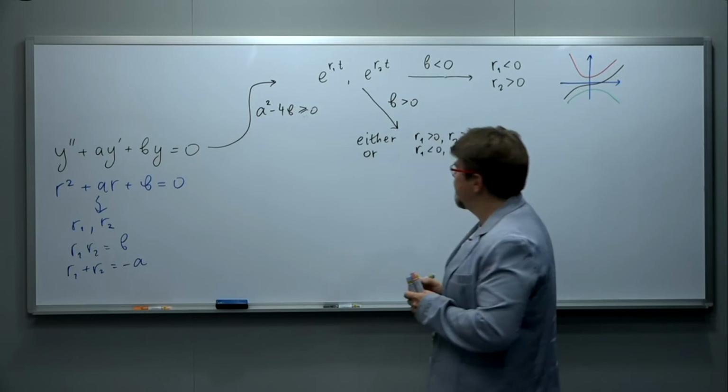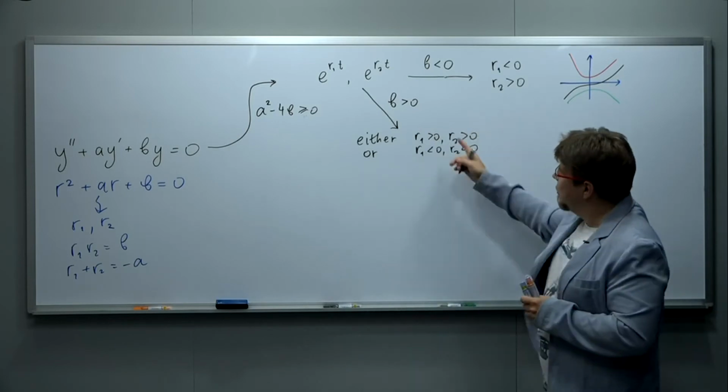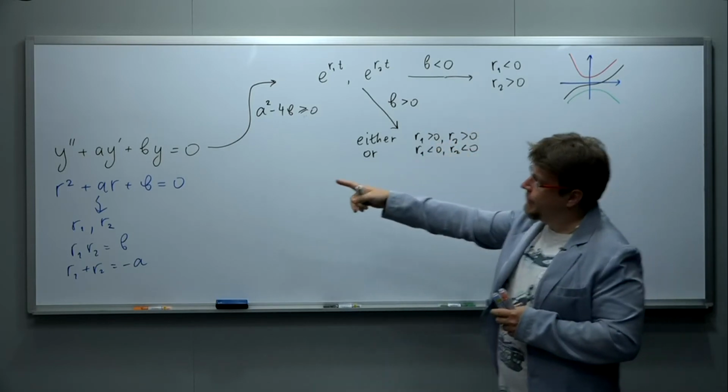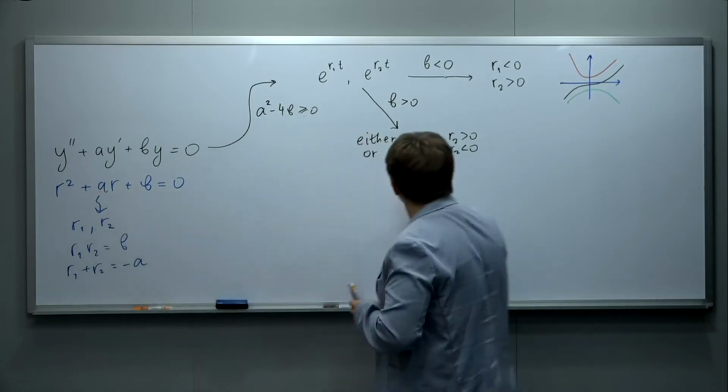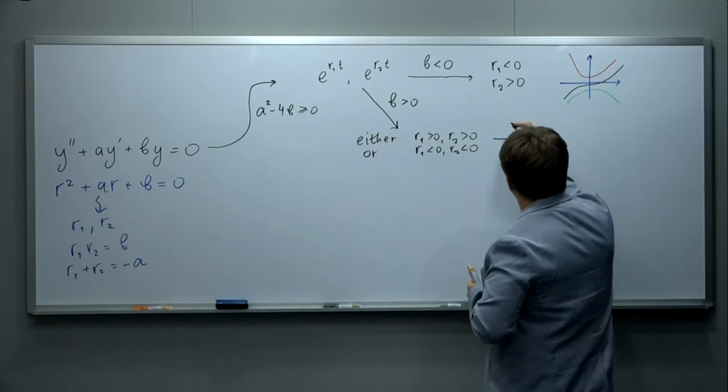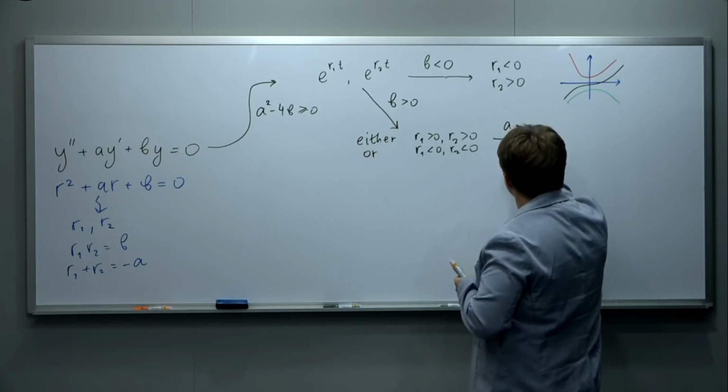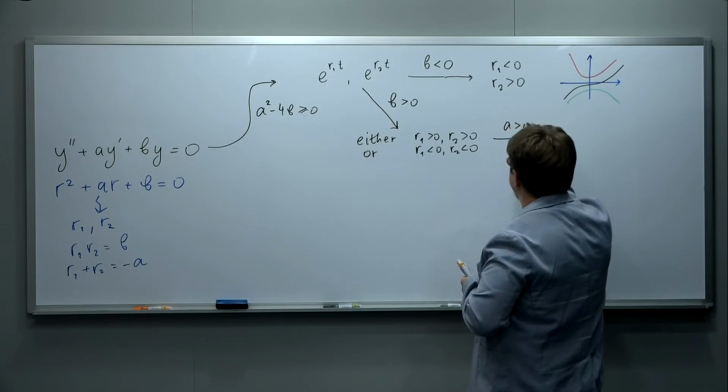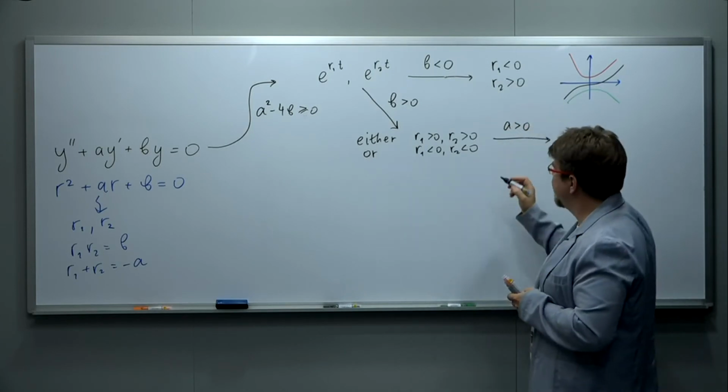So either both positive or both negative. In this case, we should look at the sign of a. Either a is going to be positive or a is going to be negative.